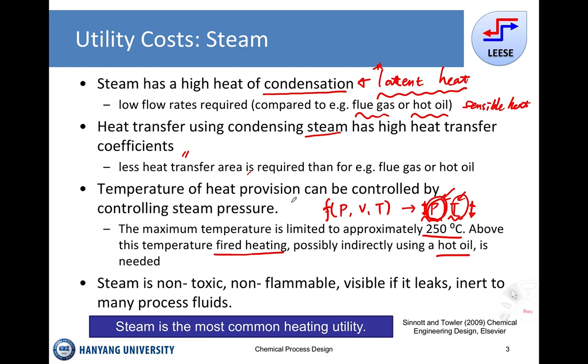Now we need some fire heating, direct heating through the furnace. Another reason to use steam in the process industry is related to operation and safety. The steam is non-toxic and non-flammable. If the steam leaks, we can see that. That is quite a useful characteristic in terms of process operation and process safety.